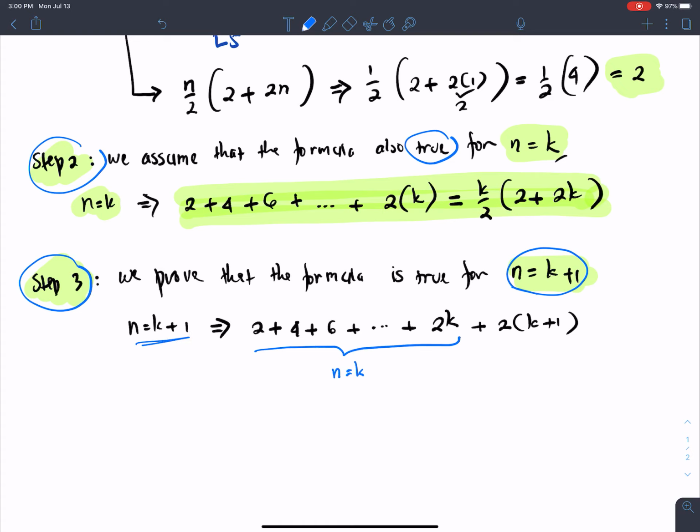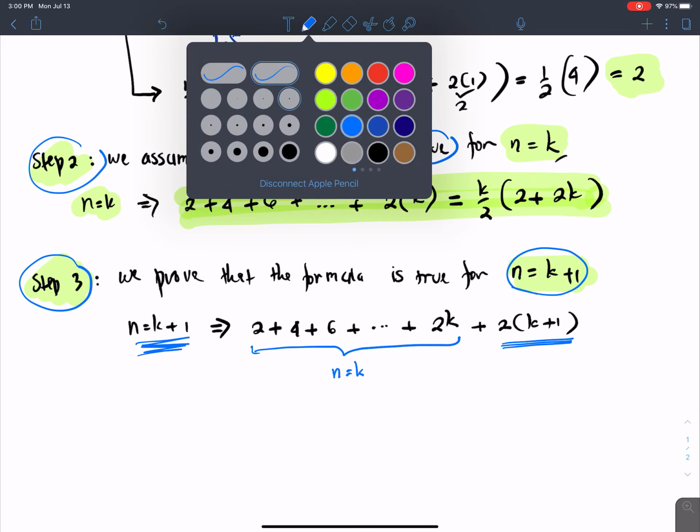Now here, for n equal to k plus 1, we have this 2 plus 4 plus 6 plus so on up to plus 2k. This is n equal to k. But since we would like to prove for n equal to k plus 1, that means the next term here, 2k plus 1. Alright, so let's continue first.